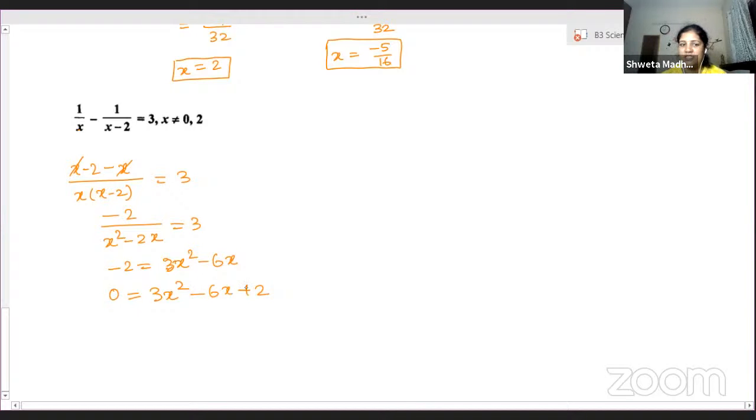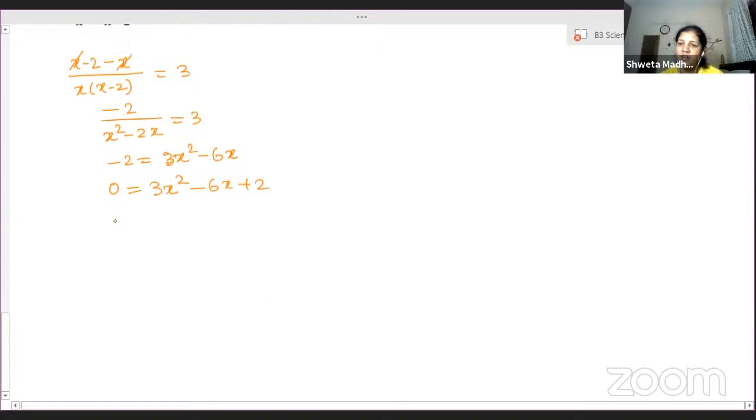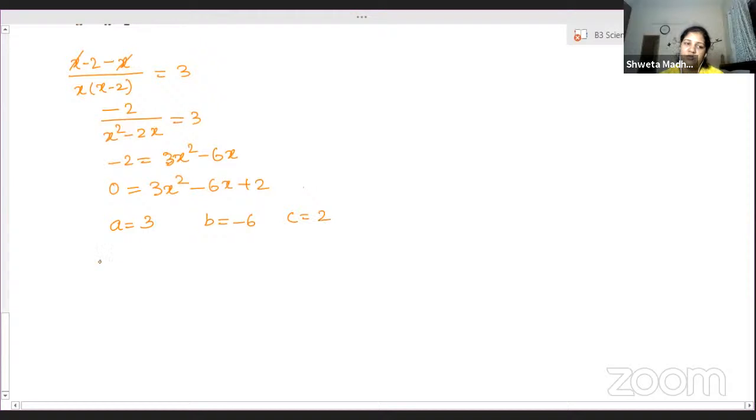By factorization, if you want to factorize, you are not able to. Reason, you need two terms whose product is 6 and the sum is minus 6, which is not possible to calculate. So we have to solve this by quadratic formula. For this, write the value of A. A is 3, B is minus 6 and C is plus 2.